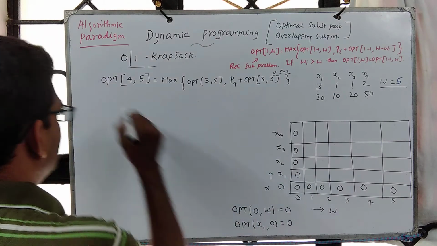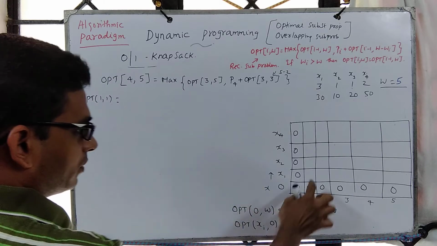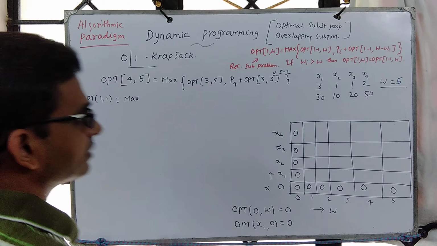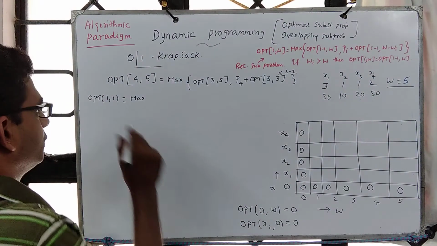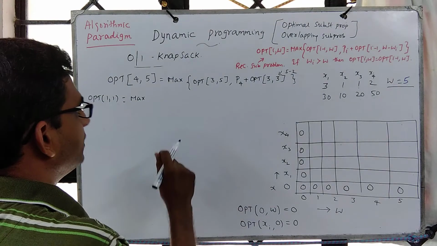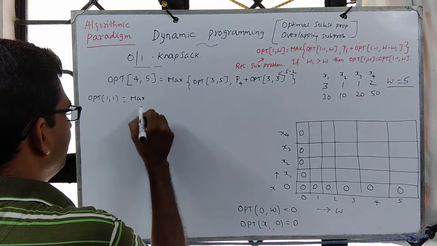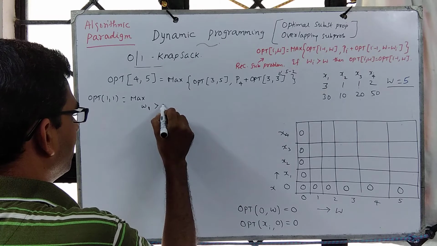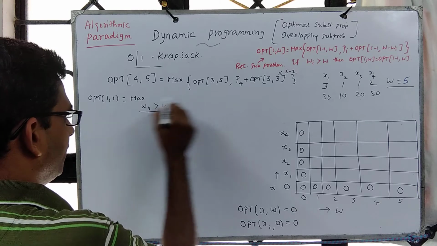So to start with, let's look at opt of 1, 1. So opt of 1, 1 is max of 2 subproblems. But we also have this check, right? If weight of W1 is more than this local W, then we will not use this.